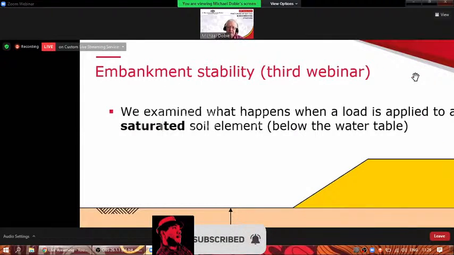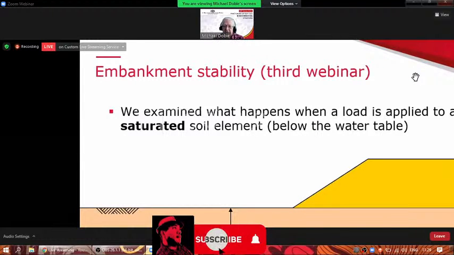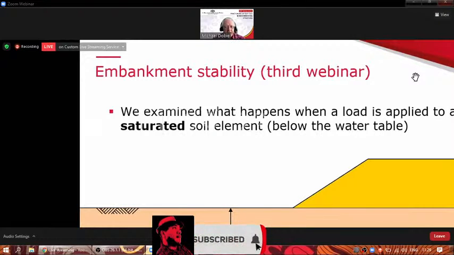So what I want to do now is to take that concept of partial saturation and see how a material behaves when we load it in the undrained condition. But before we get there, I'm just going to go back a little bit to the third webinar, that was last month, because I went through this procedure for a saturated soil.